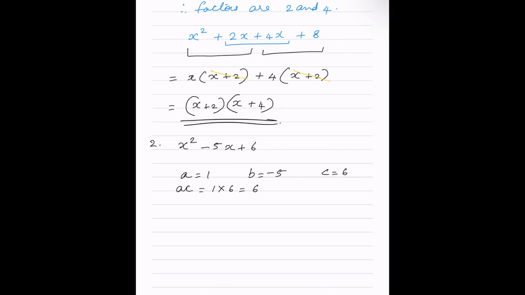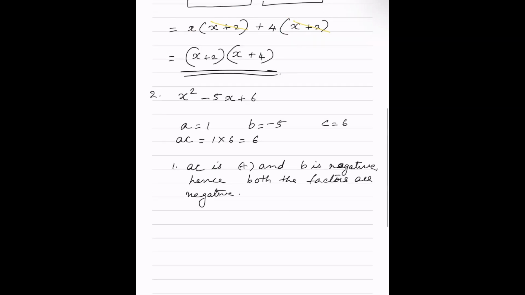So the conditions are AC is positive and B is negative. Hence, both the factors are negative. So if B was positive, both the factors would have been positive. That's what we did in the previous problem.